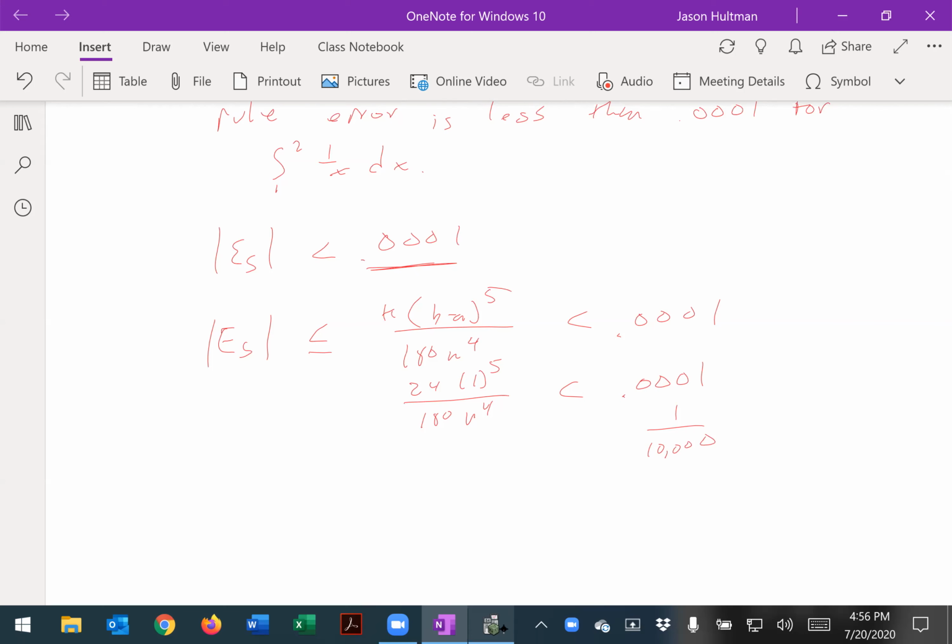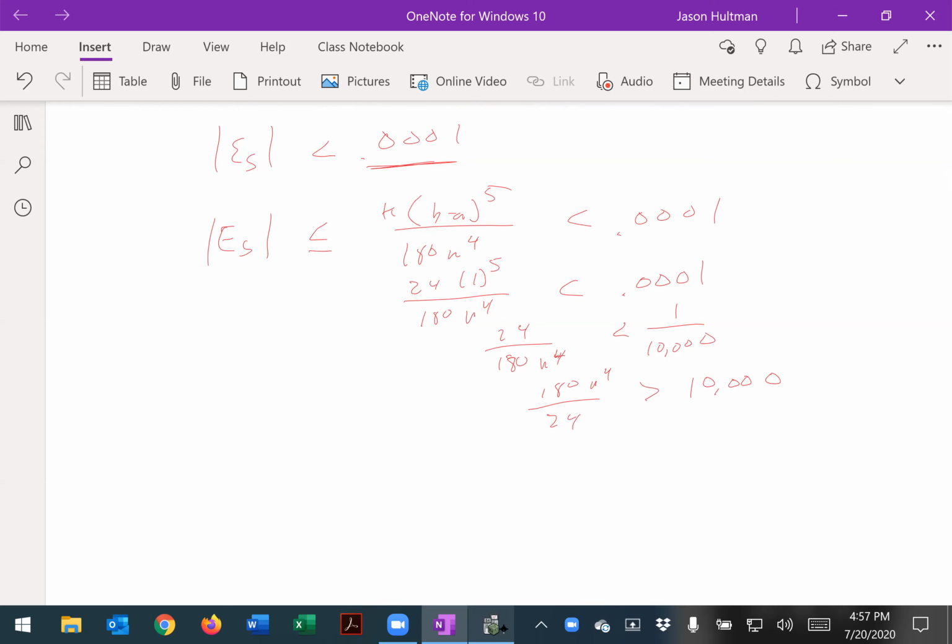So this is going to be 24 over 180 n to the 4th. And then I'm going to flip these upside down. Does anybody know what happens to the inequality when I flip fractions upside down? Yeah, the inequality sign flips. So this is going to be 180 n to the 4th over 24 is greater than 10,000.